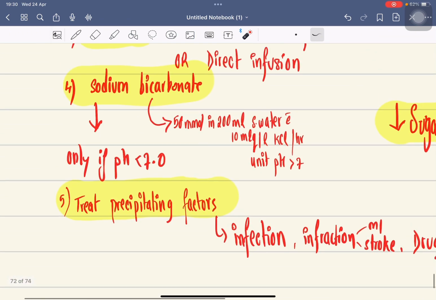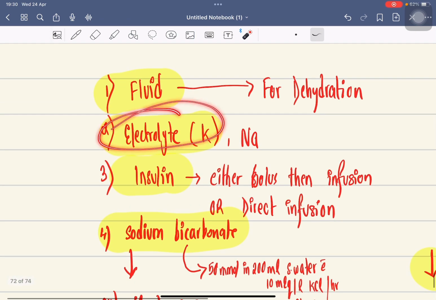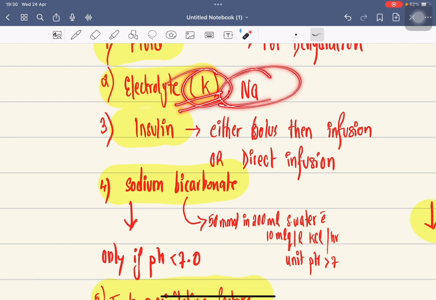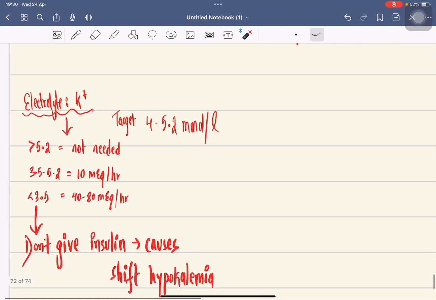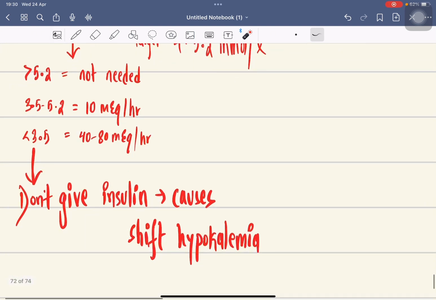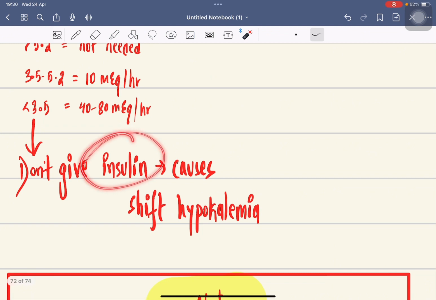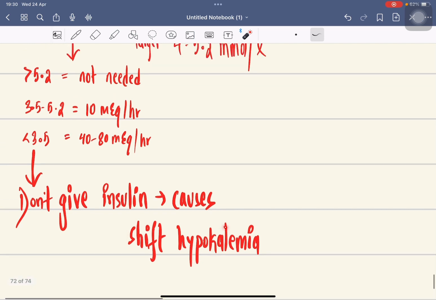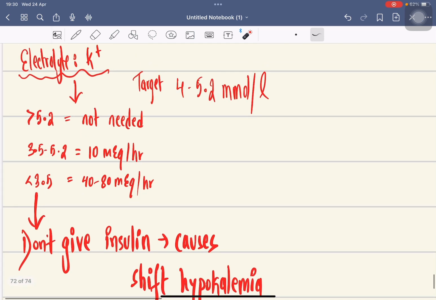Now let's see the second, electrolyte. The most common electrolyte imbalance in diabetic ketoacidosis is potassium, but we should check for sodium as well. If the potassium is less than 3.5, then we should not give insulin because it causes shift hypokalemia and drastic reductions in potassium.